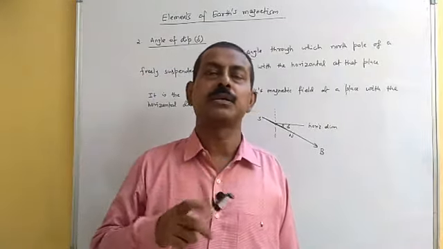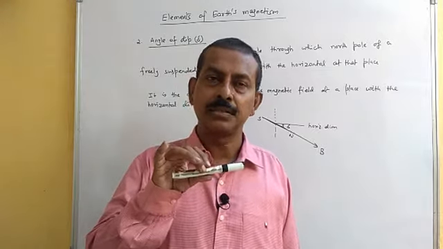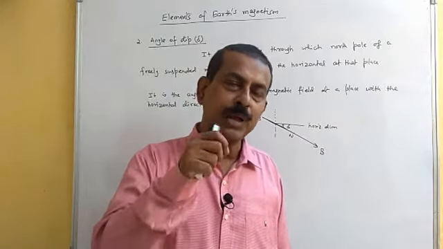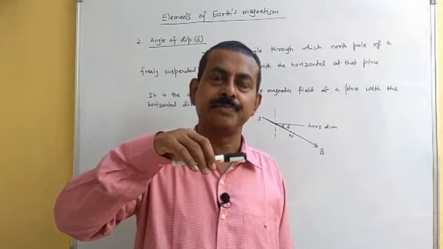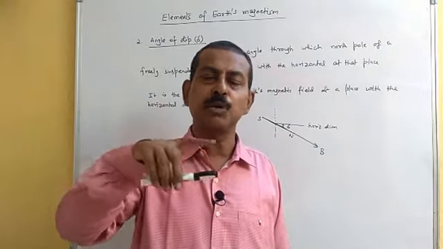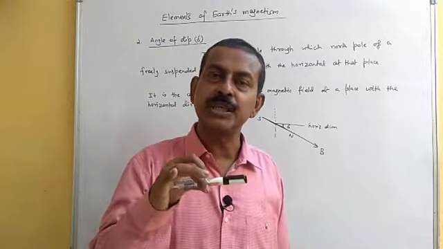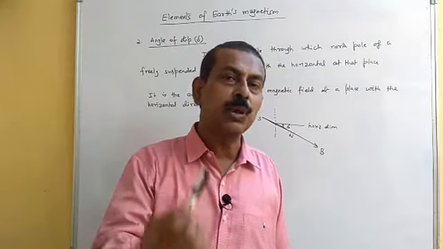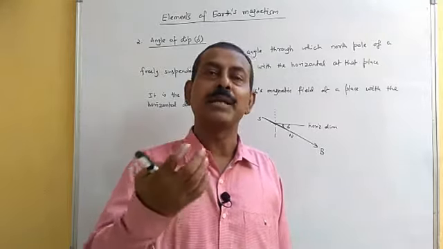Let's assume that we are at the equator, and now we have a freely suspended magnet. In that case it will remain horizontal because both the poles of this freely suspended magnet will be equally pulled by the Earth's magnetic poles.